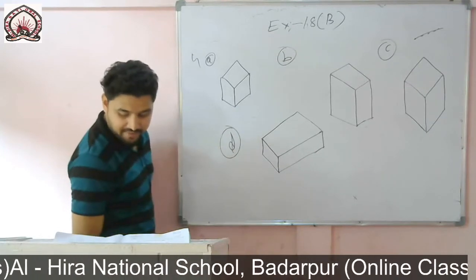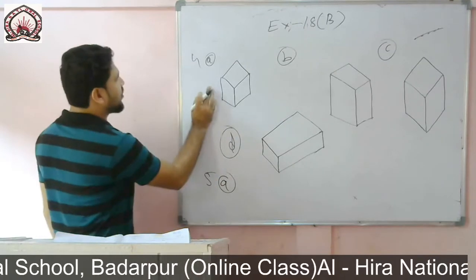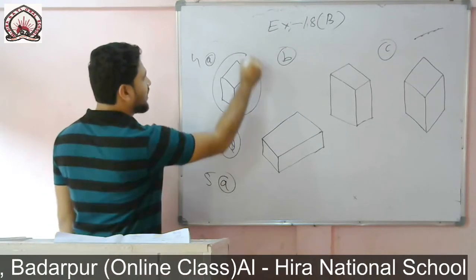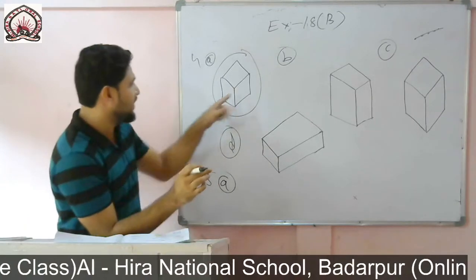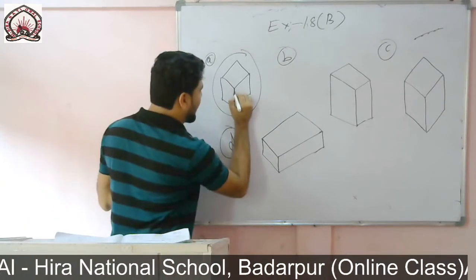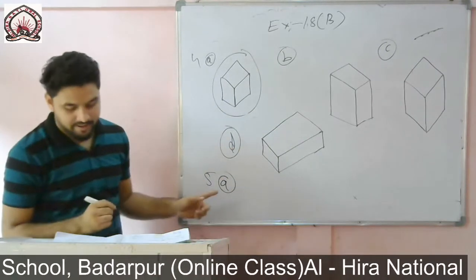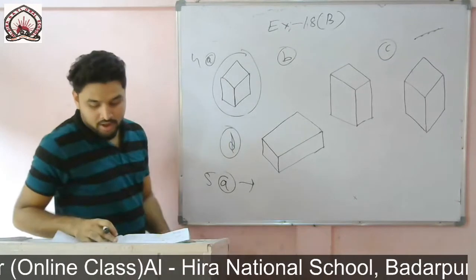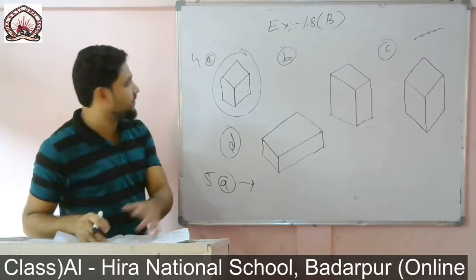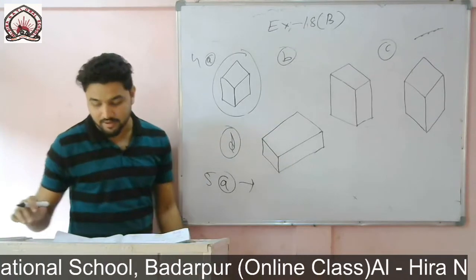For 5a, you draw question number 4a, this figure you draw, that will be the answer. One side is given, that means this side is given. You have to draw the full. So the 5a answer will be what? You draw this question number 4a in 5. Then you will get the answer.